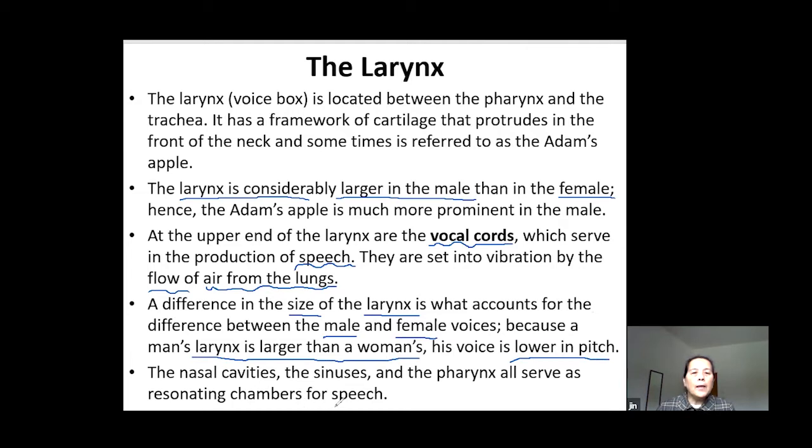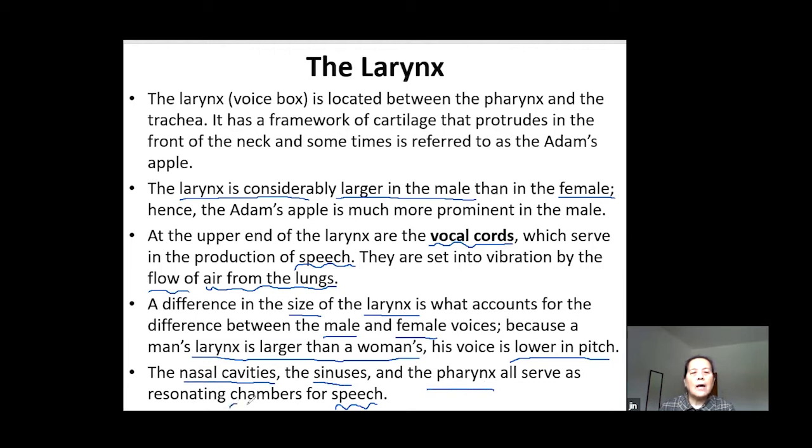And the way of making sounds, certainly the more important part is the voice box, but also the nose cavity, sinuses, and the pharynx. They are working together.